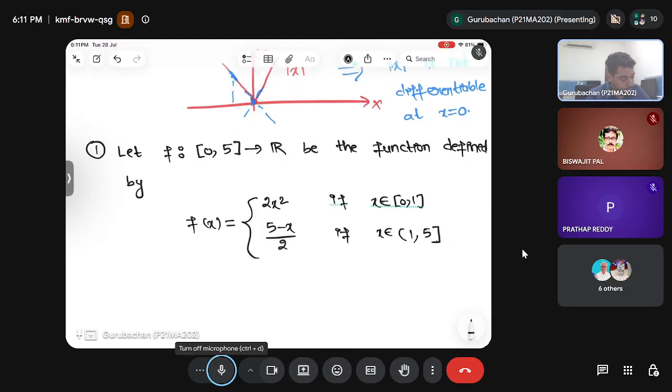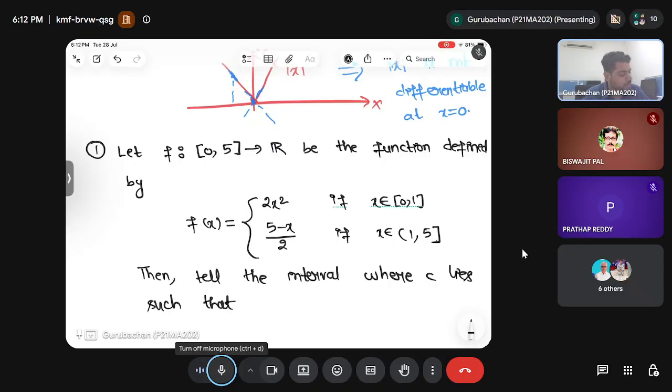Then we need to tell for which values, or the interval where C lies, such that for that C our f dash is 0.